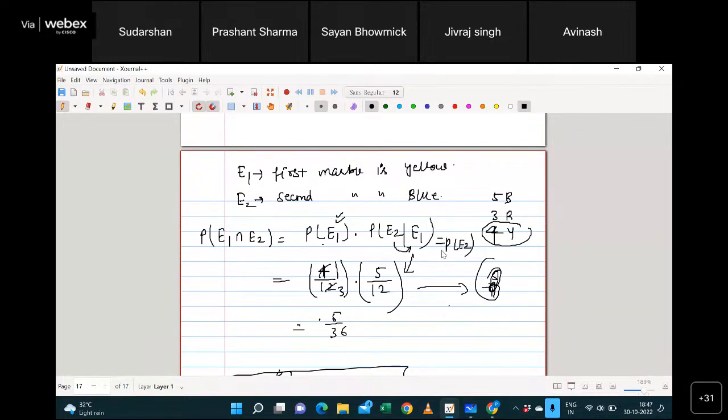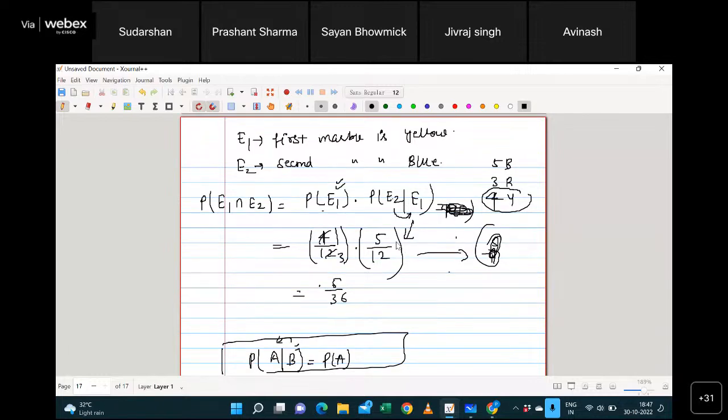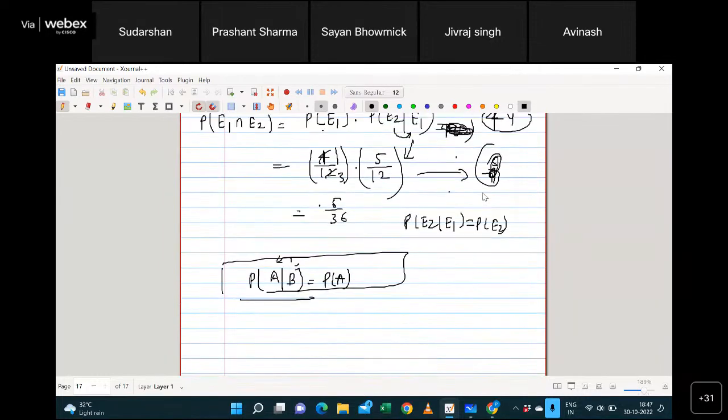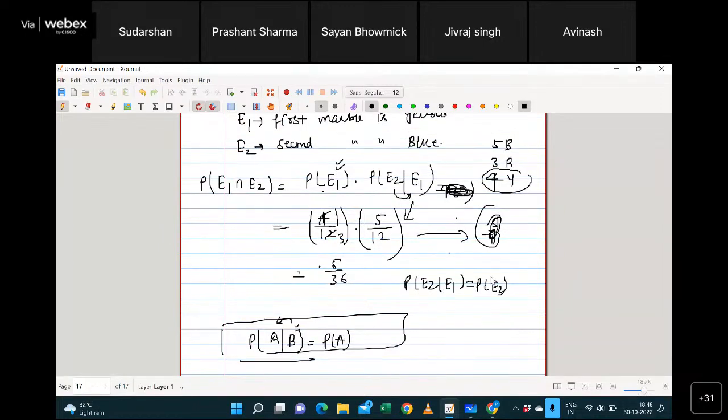But here it's independent, right? Because probability of E2 given E1 is the same as the probability of E2. Yes, sir. But the condition is like first should be yellow, then it should be blue.